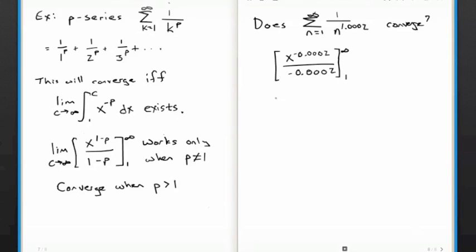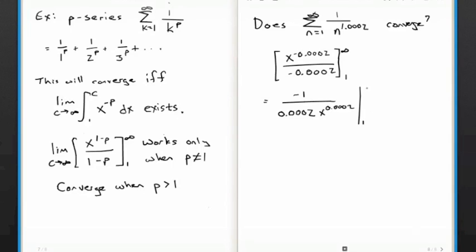Well, this is when I plug the infinity in here. Well, let's rewrite this so it's a little more clear, and that's what I tried to explain before. 1 over, I'm going to take that negative sign and move it up to the top, 0.0002 times x to the 0.0002.